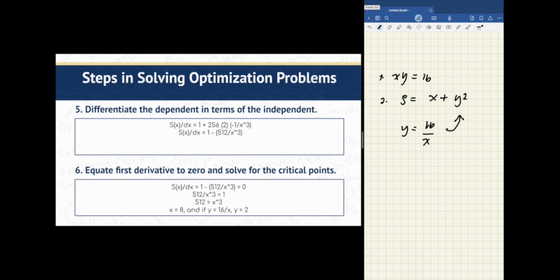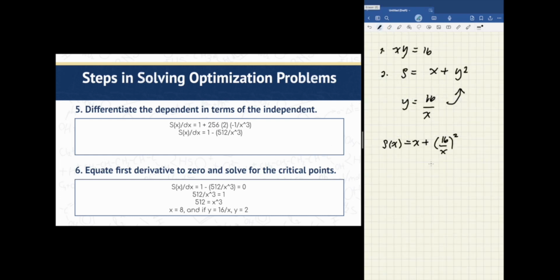Now that we have our working equation, we can differentiate the dependent in terms of the independent. So we will differentiate s of x in terms of x. So let's write that down. Our working equation earlier was s of x is equal to x plus 16 over x quantity squared.